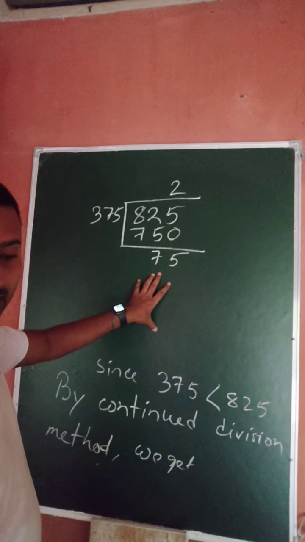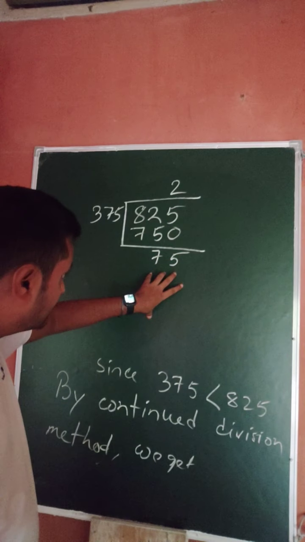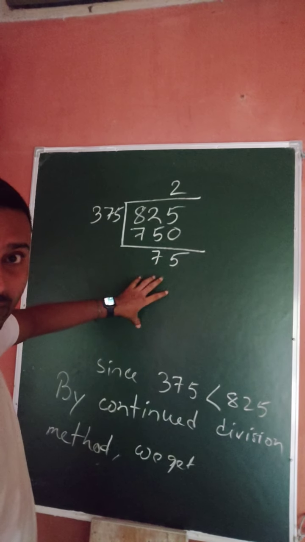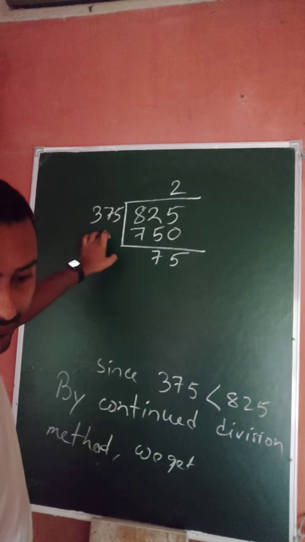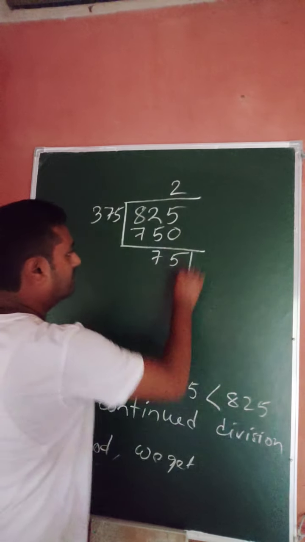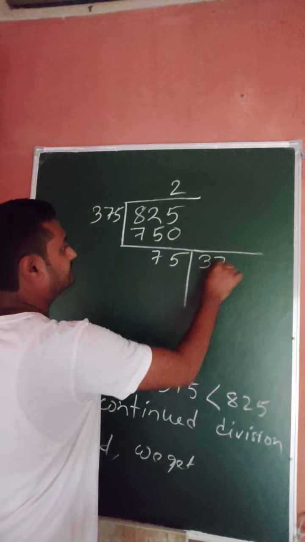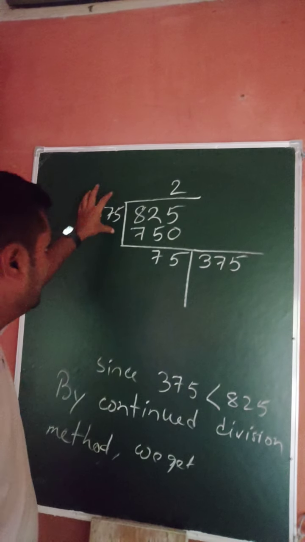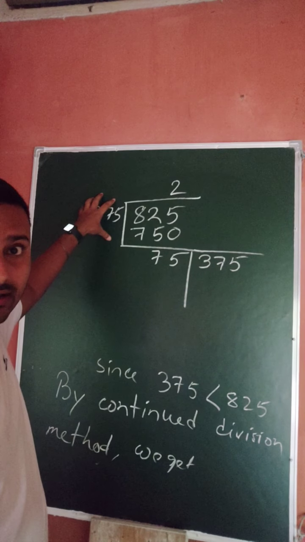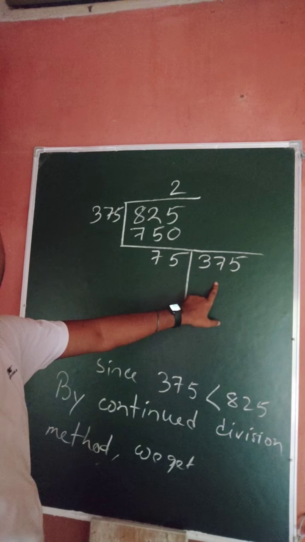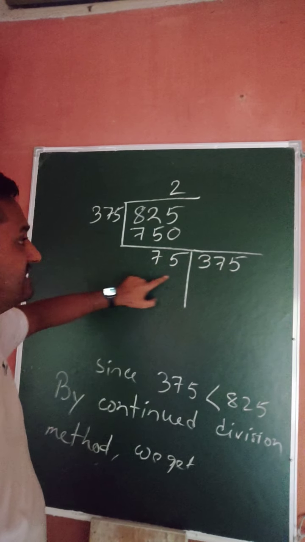Now look at this step. Now 75 remains. Now you have to divide 375 by 75. This 375 comes here. The first divisor now becomes the dividend, and the remainder becomes the second divisor.